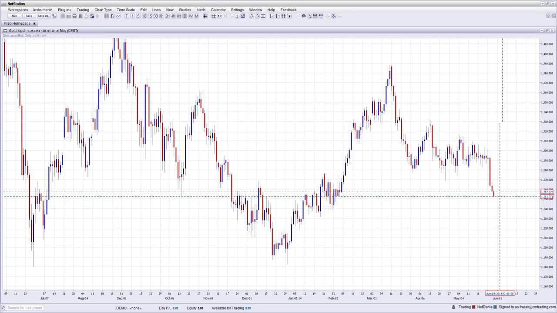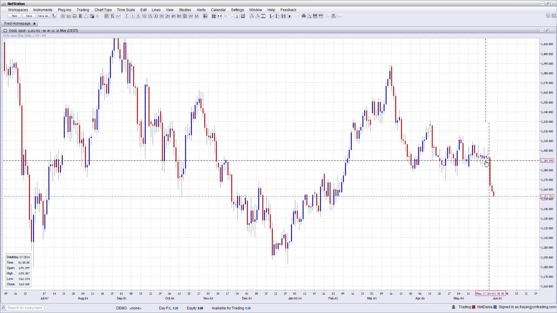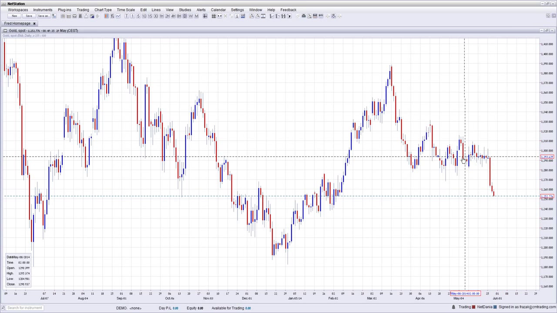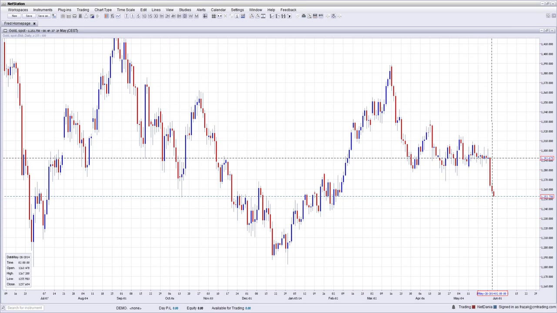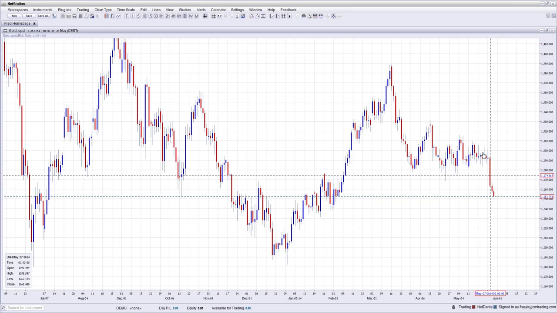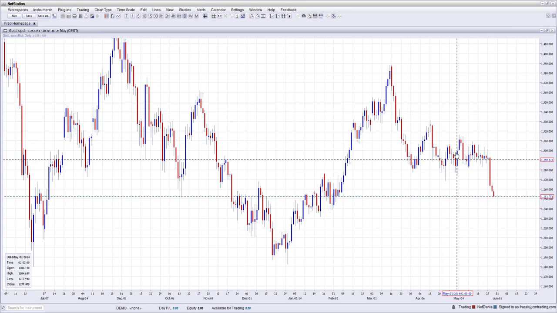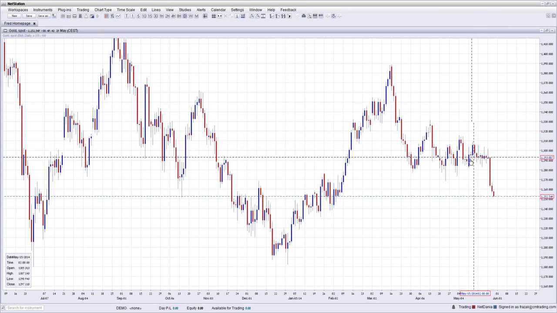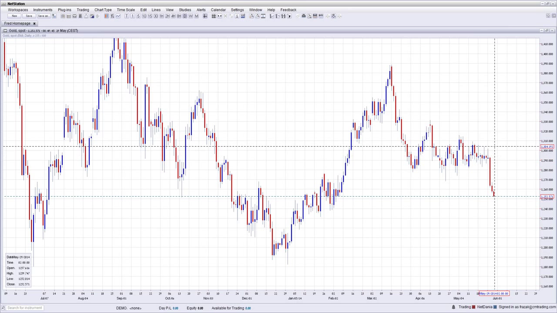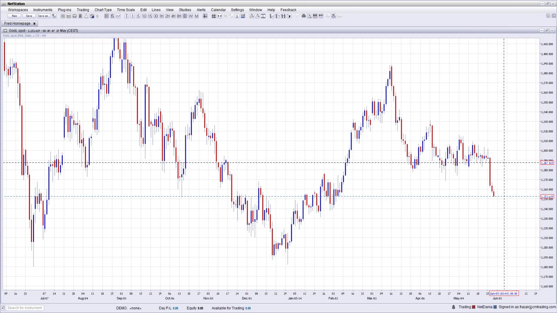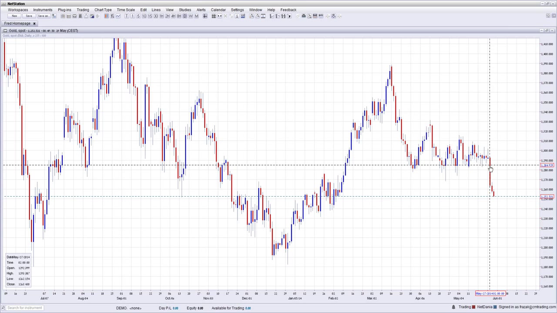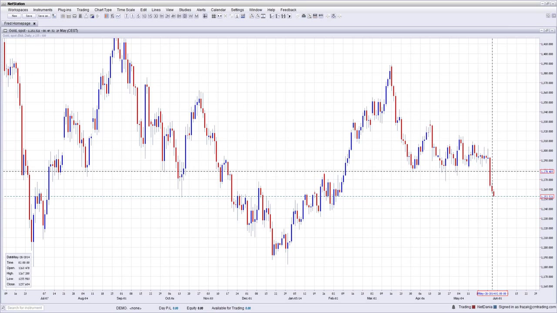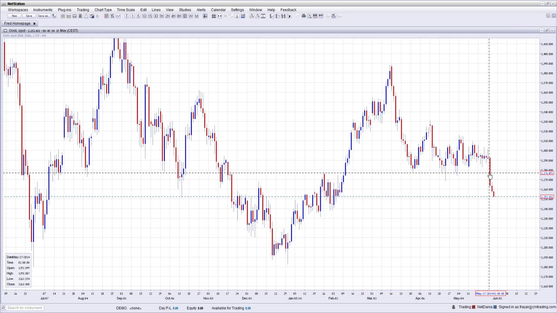This thing has been beaten up, and like I mentioned when we were back here, we said that we would either have a major move up or a major move down, and I thought it would actually go up, anticipating that we would bounce at 1290, but unfortunately we didn't, and we see that we've broken. But this would have been a good example of where you could have flipped it.